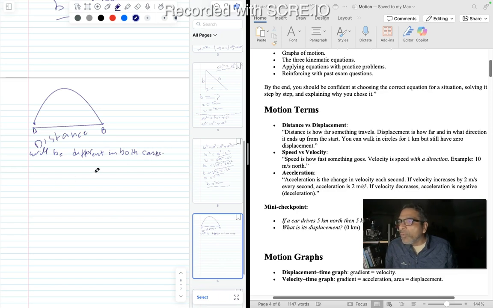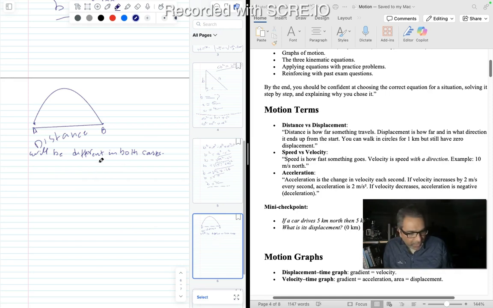However, displacement is how far and in what direction it ends up from the start. So you can walk in a circle for 1 kilometer, but still have zero displacement, right? Let's take this example. Is this a circle? No, this is a potato.